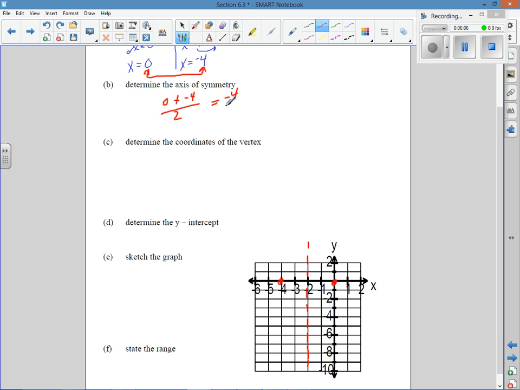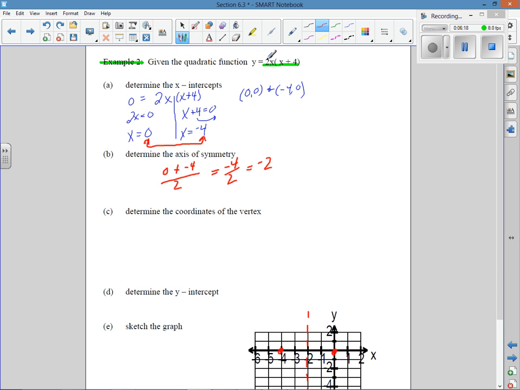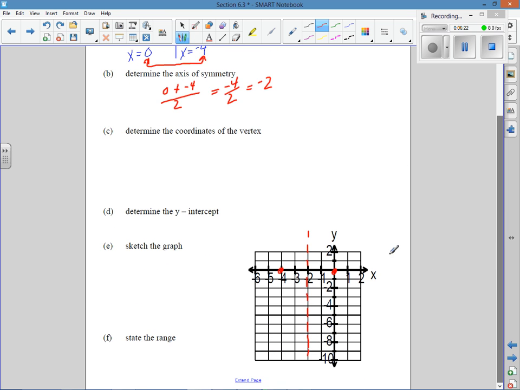Negative 4 divided by 2, negative 2. So you're getting the spacing between 2 points that are at the same height. Now the a value of this equation will be positive, so the graph must point up. This graph goes up, and that means it has a minimum value.